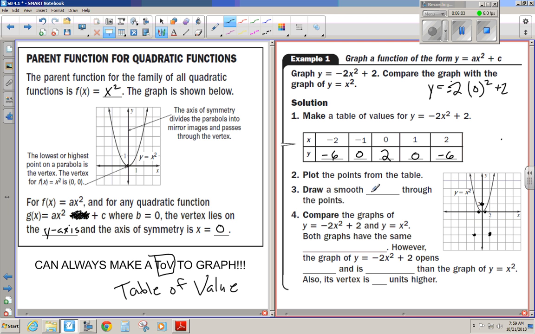Draw a smooth curve through the points. So as nicely as you can, you draw a curve. And then you compare the graphs.